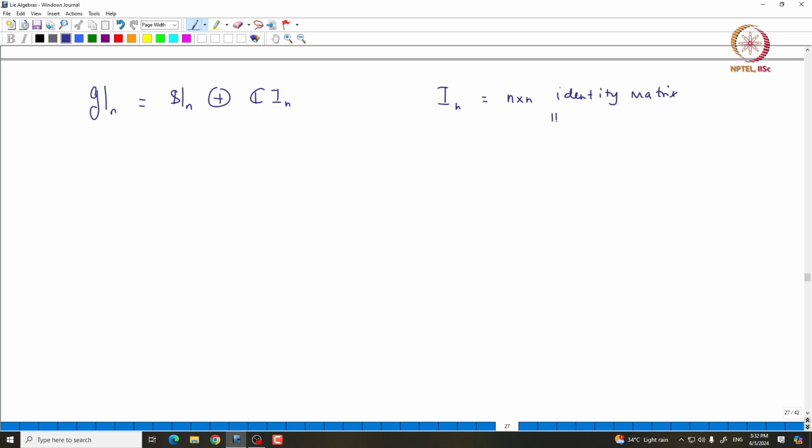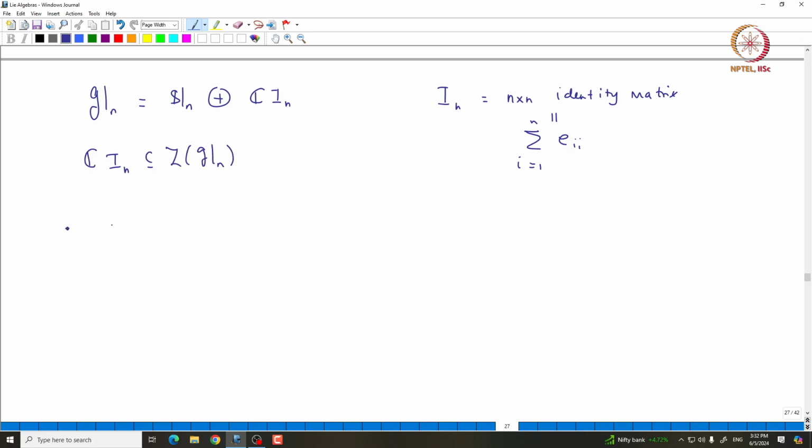In terms of basis, this is nothing but the summation of E_ii where i ranges from 1 to n. Now, one can easily check GL_n is the direct sum of these two subalgebras, because this I_n indeed sits inside the center of GL_n. So, we can prove it is indeed equal to the center.